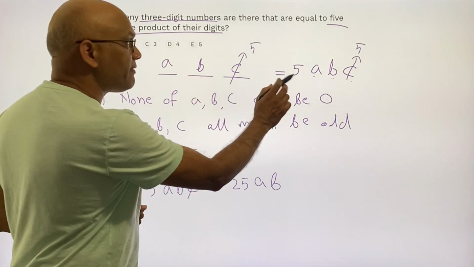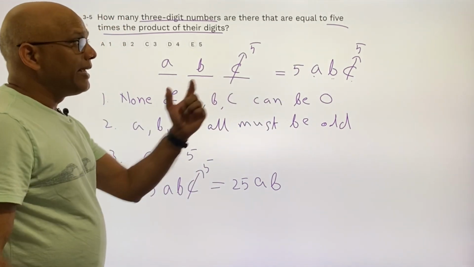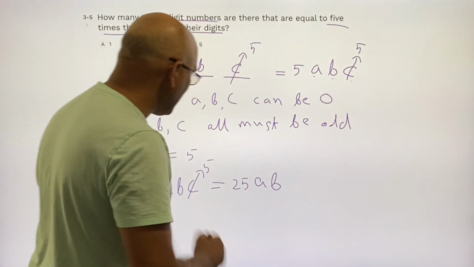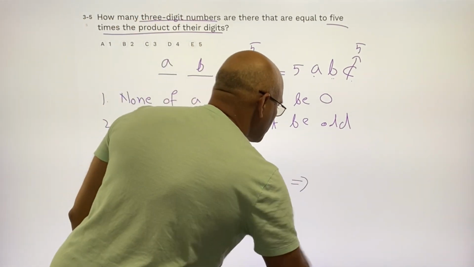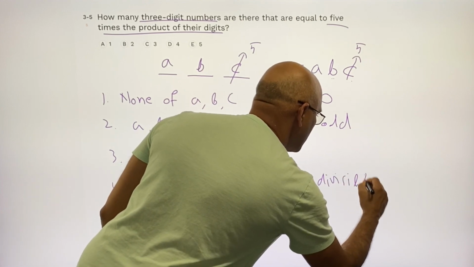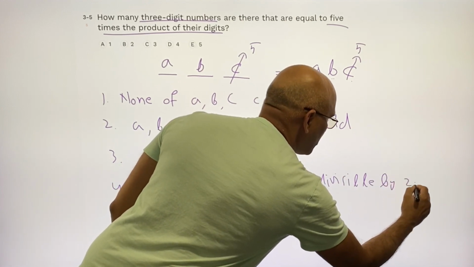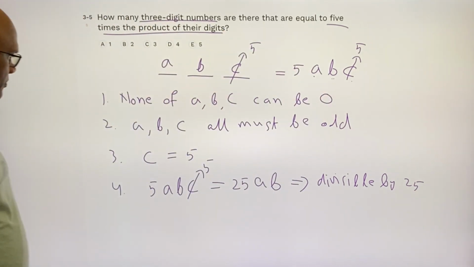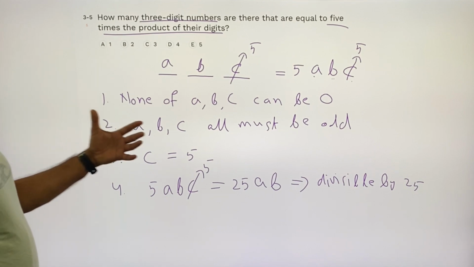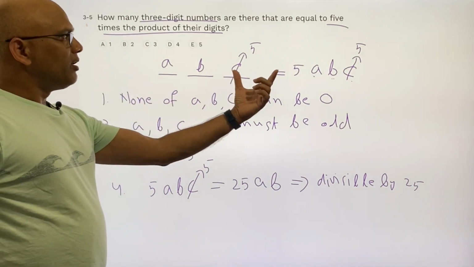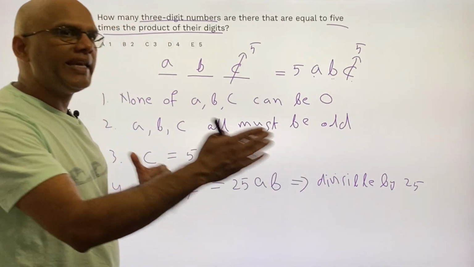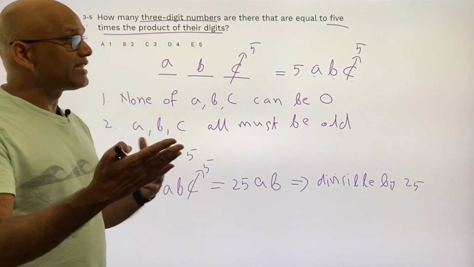It is of course divisible by 5, but it has to be divisible by 25. So these are the 4 conditions we can deduce from the requirement given to us. Once we have that, we can narrow down the 3-digit numbers and see which one works.